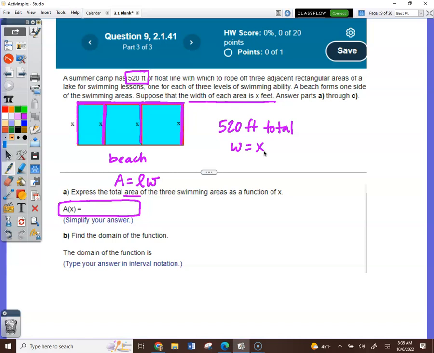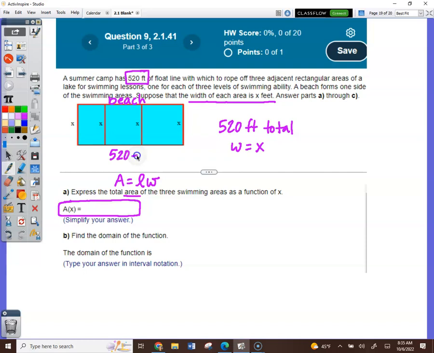I probably should have called this the beach up here. Let me move this to here. I'm going to say that this is the beach, just so that I have more room to write. There we go. All right, that's the beach. So this is my length, but my length needs to be in terms of the x and the 520. So this is 520 minus.